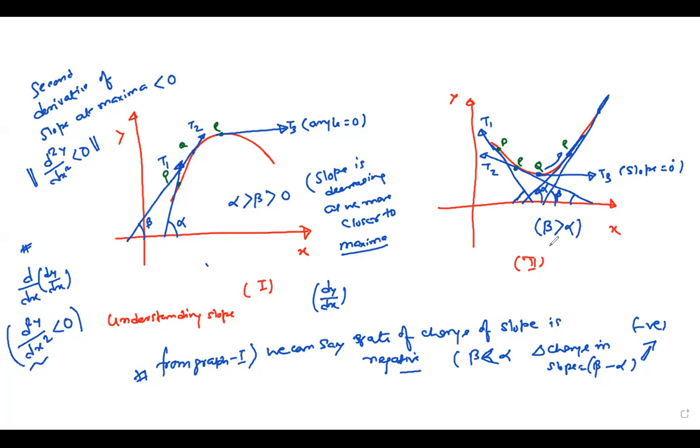If beta is greater than alpha, we can say from the point of minima onwards, the slope of the curve is increasing.